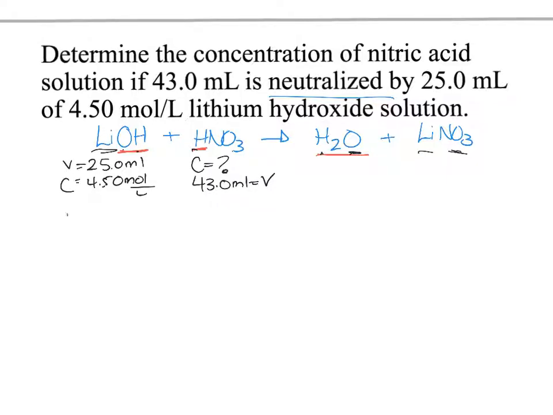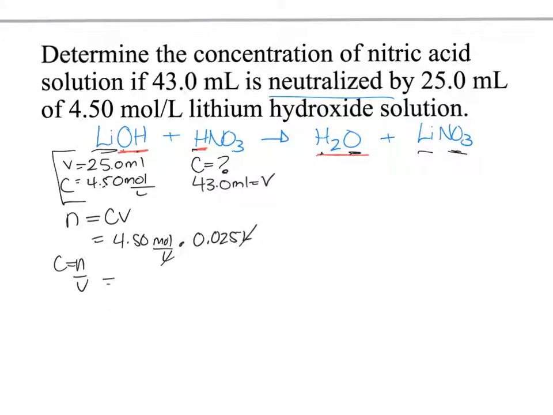Okay, so first I have to figure out the number of moles of the thing that I can. In this case I have a concentration and a volume, so again going back to the original formula, C times V is going to give me the number of moles. So I'm going to take this and times it by this. So remember to convert again to liters.